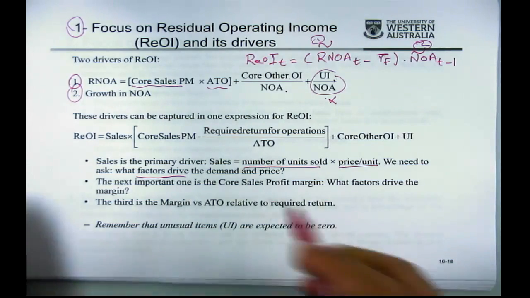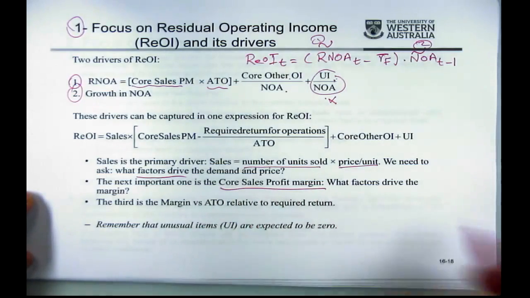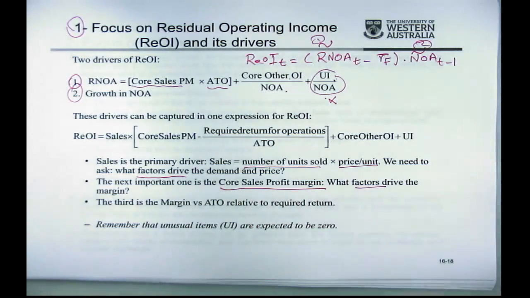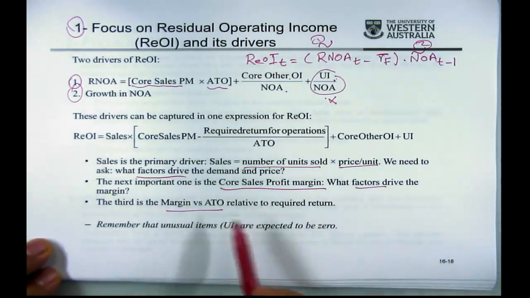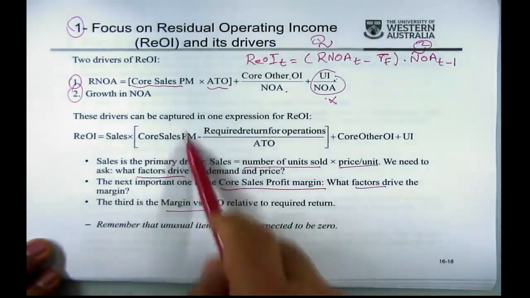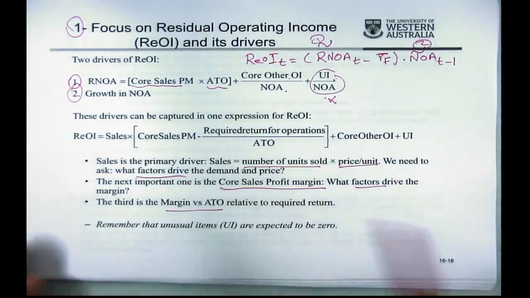The next important one is the core sales profit margin. We need also to be aware of the factors that affect the profit margin. And the third is the margin versus the ATO relative to the required return, or this one minus this one.